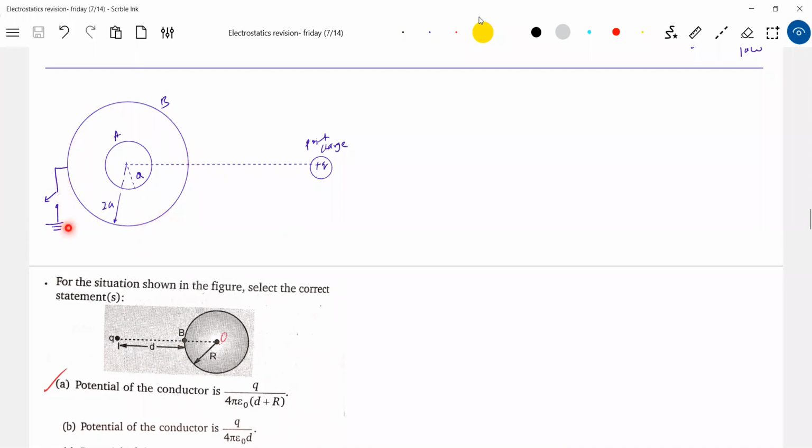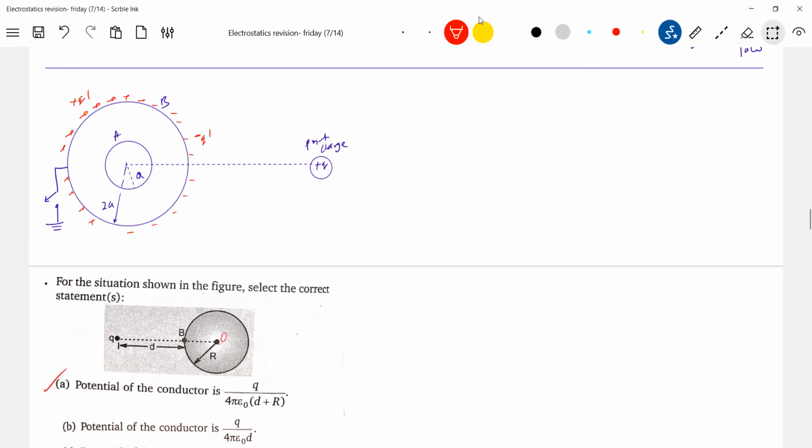I'm going to earth it. After earthing, then I'll assume Q1, Q2, Q3. Before that, some charge will be induced. But what is the net charge? Q dash here plus Q dash, this will be minus Q dash. Don't write Q1, it'll be totally wrong. Now I'm going to earth it.